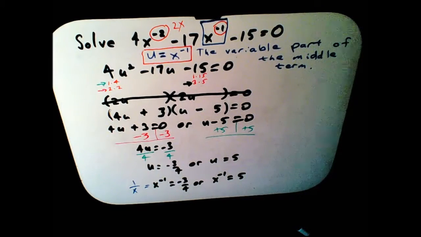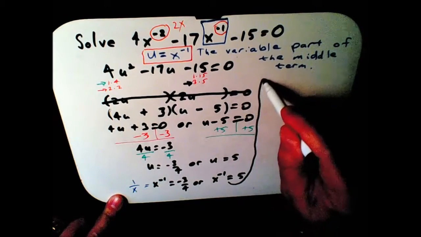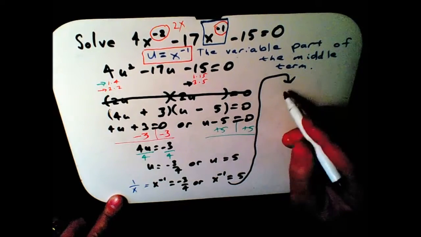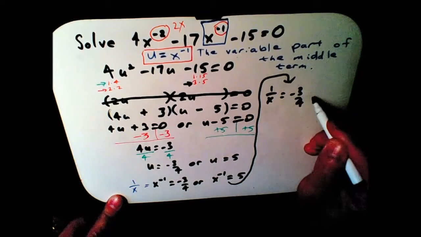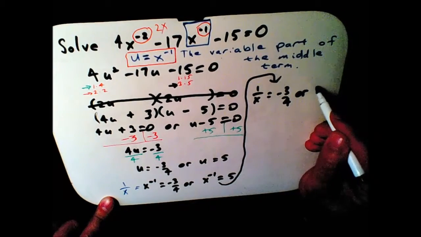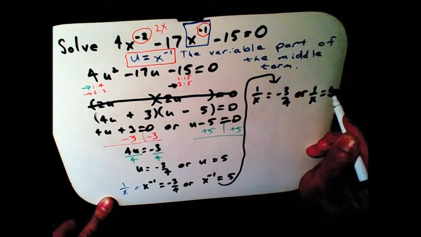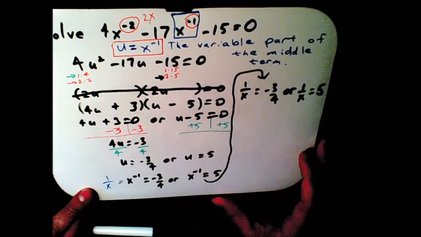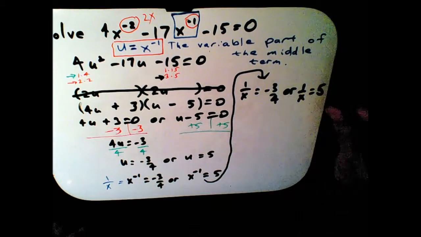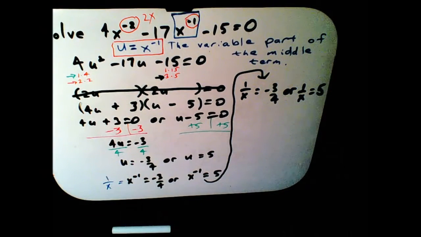So it's actually 1 over x equal to negative 3/4, or 1 over x is equal to 5. Now, one move that is legal in algebra is just to flip both sides. If two things are equal, their reciprocals are equal.